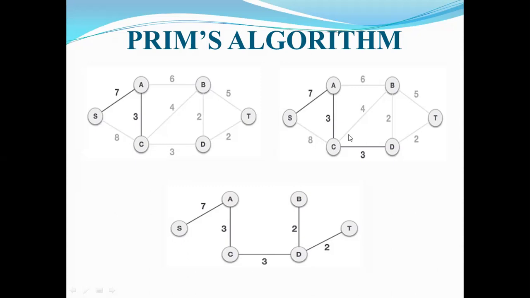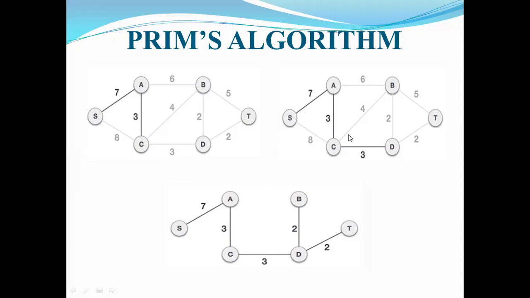Okay? So follow the same criteria and construct the spanning tree. This spanning tree is called the minimum cost spanning tree because every time we are applying the min criteria for selecting the next possible edge. That's why whatever spanning tree remains, we select that particular spanning tree as the minimum cost spanning tree.